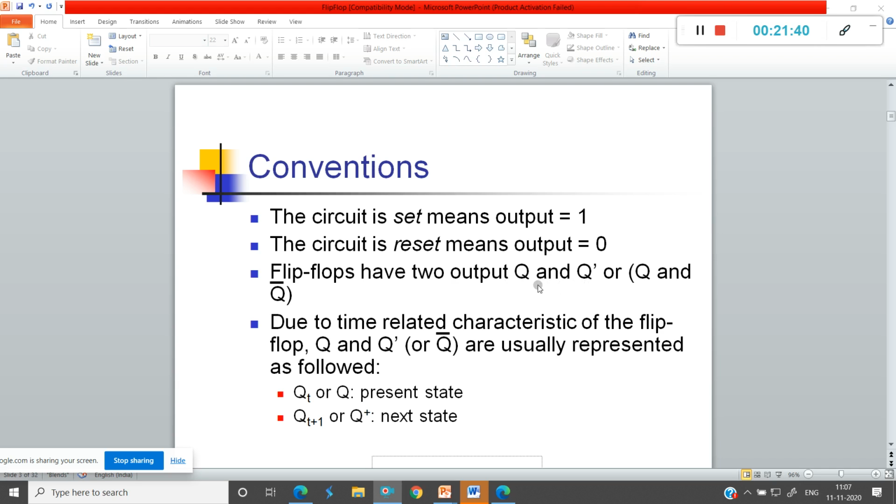Q and Q bar are complement to each other. Due to time-related characteristics of the flip-flop, Q and Q bar are usually represented as follows: Q represents the present state, and Q plus represents the next state.